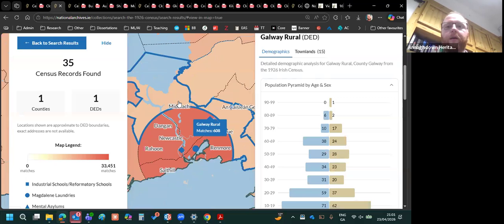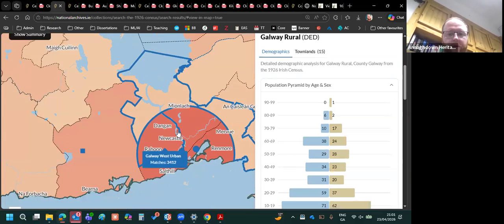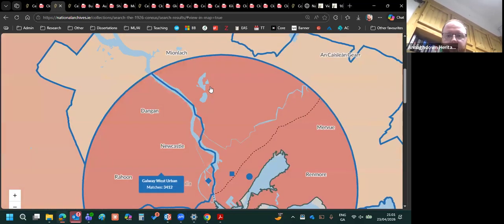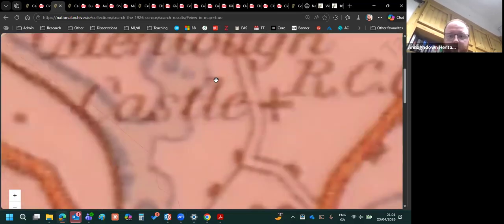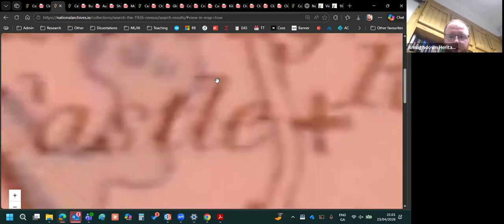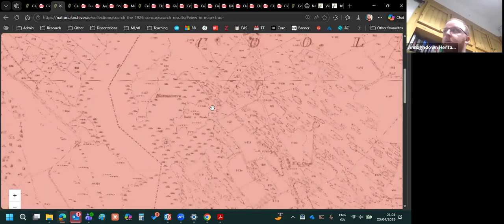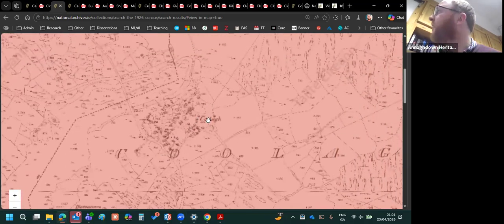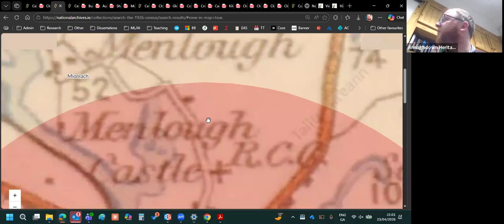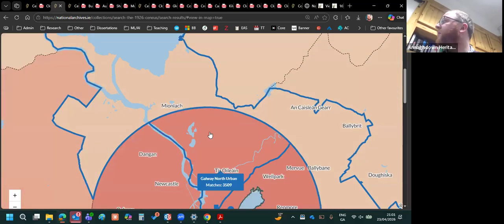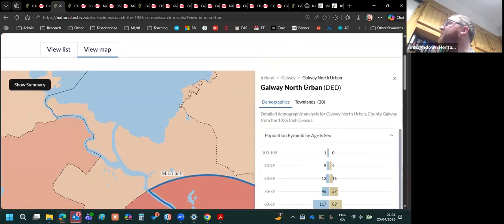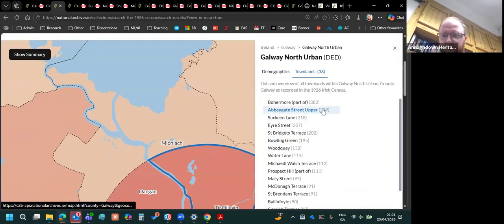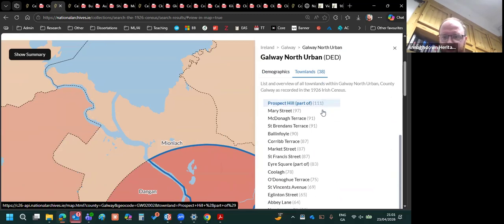If you zoom in here far enough, it will give you an actual old map. So that's within this circle, which is Galway North Urban. But I don't think it would have been in Galway North Urban. It's not listed there as a townland.